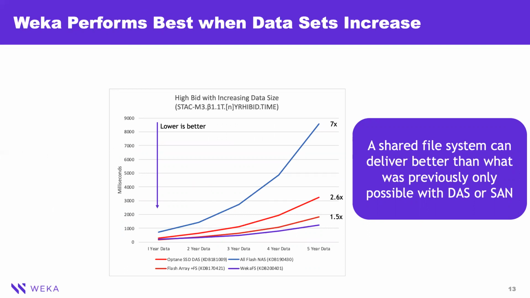If you look at this diagram, you should be comparing Weka to this line here, the other all-flash NAS. You can see Weka is down here below the performance results for the SAN and also the direct attached server. In essence, we're proving that a shared file system can deliver better than what was previously only possible with direct attach or SAN.